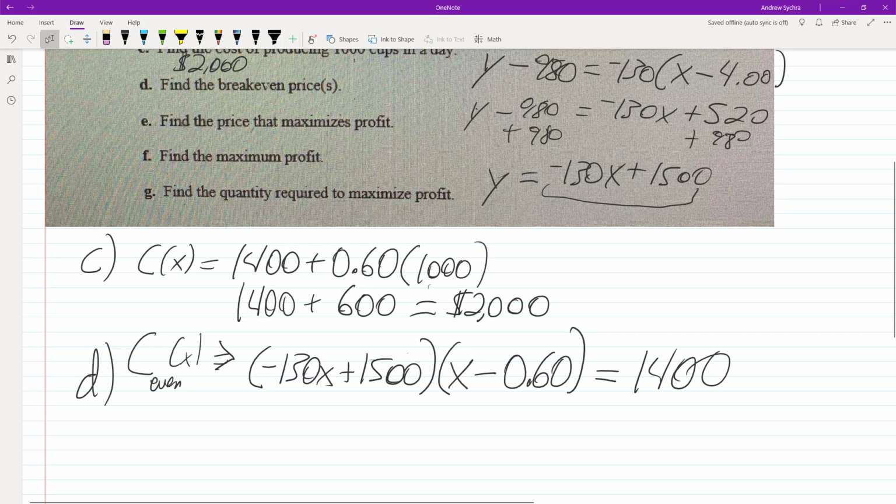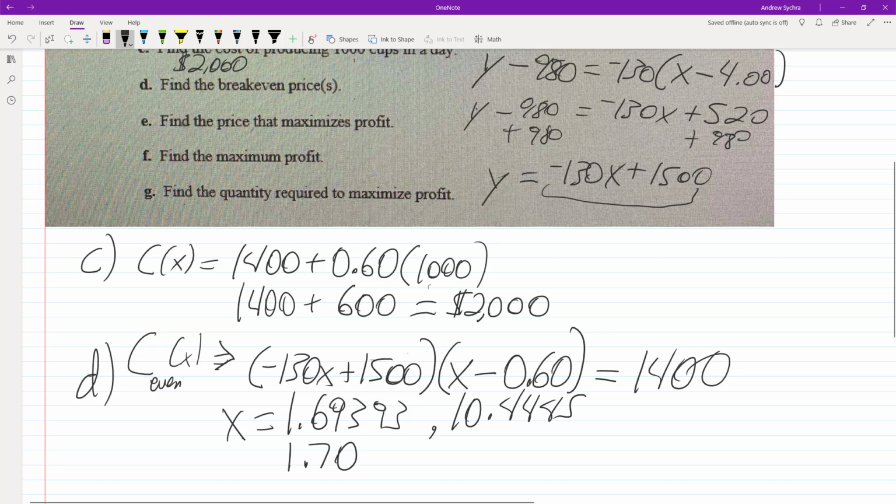And this is basically a quadratic equation. When we solve this, we end up with x equal to $1.69393, but we'll round up to $1.70. And then x is also going to be equal to 10.4445, but we'll just make this 1044.